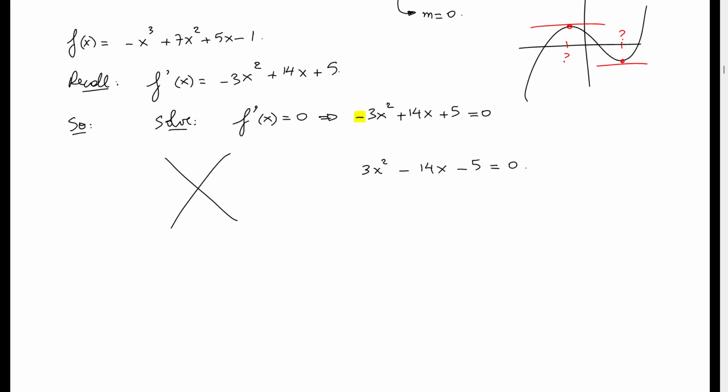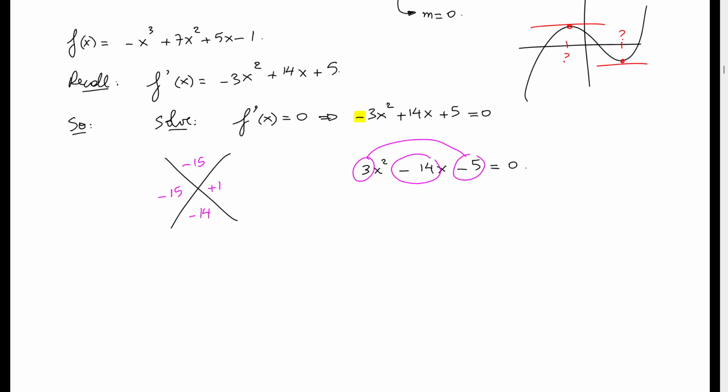So let's see. I will try to factor it by looking for two numbers that multiply to -15 but when I add them, I get -14. Can you think of two numbers that when you multiply, you get -15, but when you add, you get -14? I'm thinking 15 and 1 will get the job done as long as you go with -15 and positive 1.